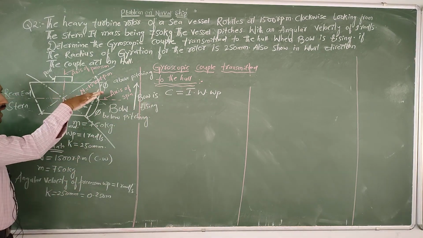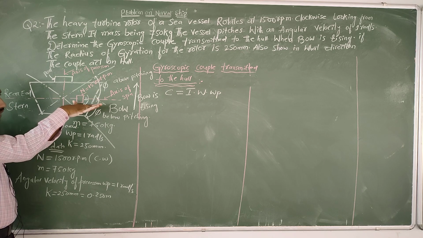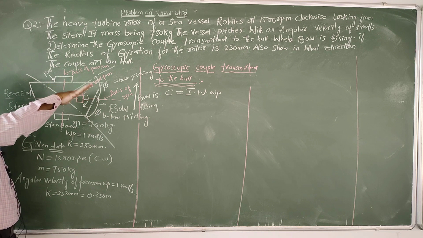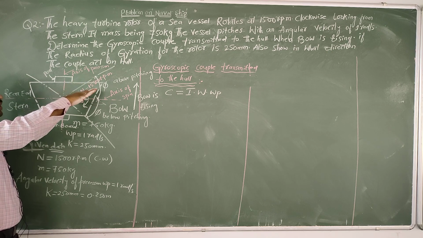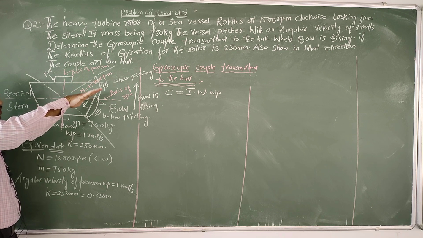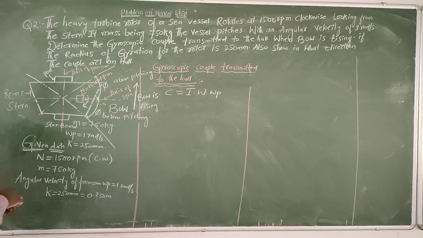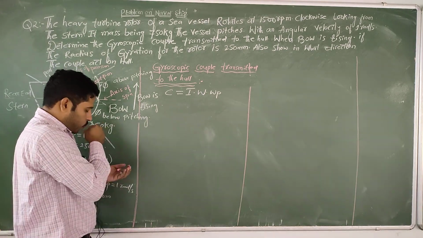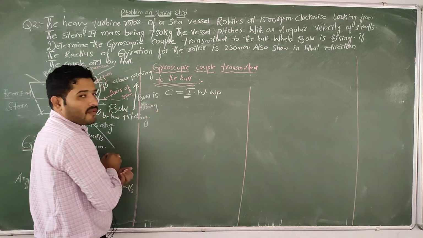So this means that this ship is moving from the axis of spin to the axis of precession. If it is pitching above, it makes an angle of 5 degrees. If it is pitching below, it makes an angle of 5 degrees. The first thing is we need to find out the value of I.